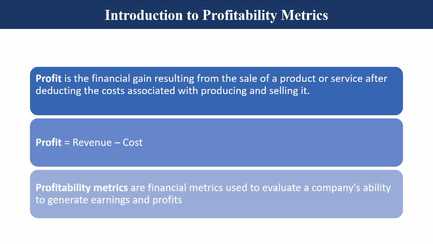So, why does this matter? Without tracking the profit, businesses can bleed money without even realizing it, and that is why it is extremely important. These are extremely important metrics to keep monitoring while you are in the business.